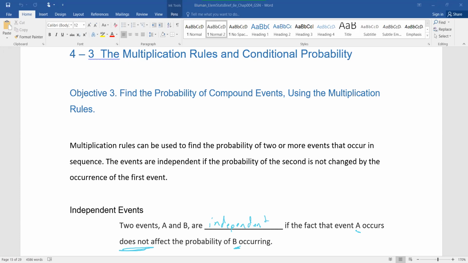No. So this is an independent situation. Now, if I'm drawing a random card out of 52, and I keep it, and then I draw again, is the probability of whatever card I select the second time affected by my first card? Yes. So that would not be an independent case. An independent case is when one event happening does not affect the other event happening.